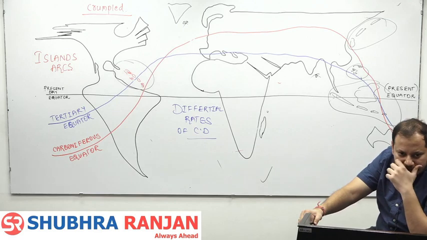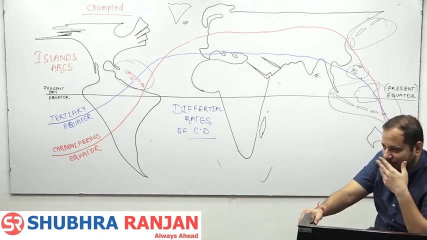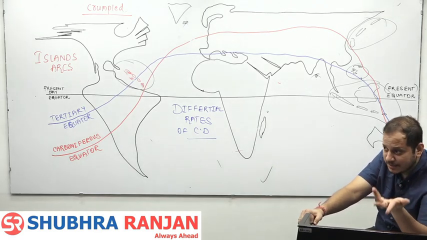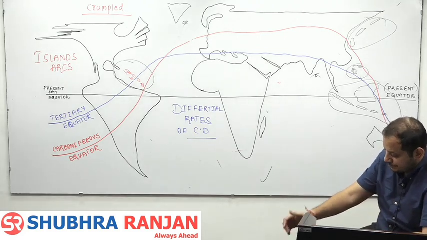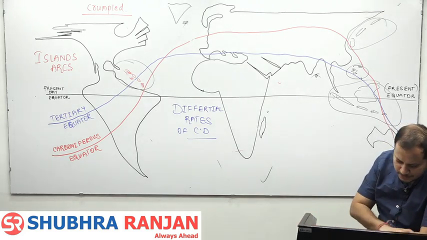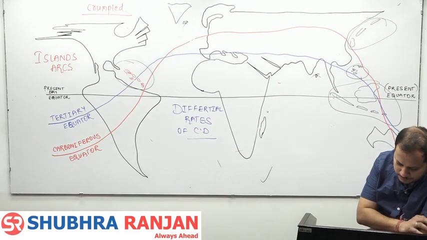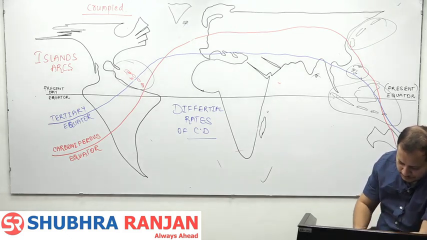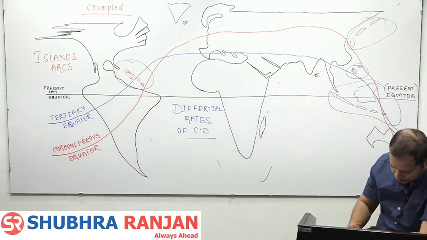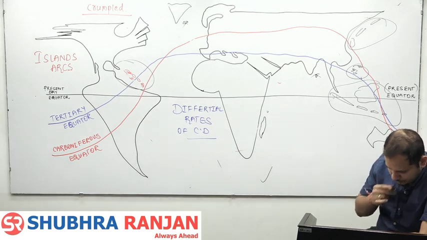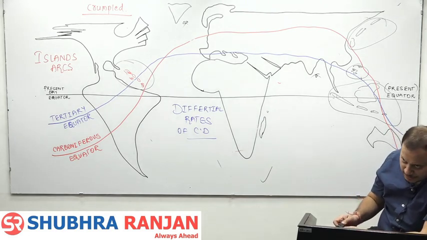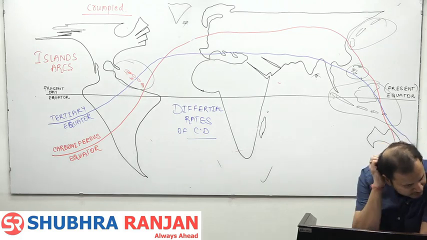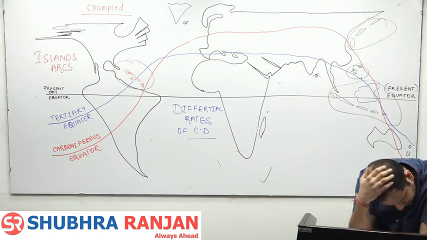When does this theory start? Carboniferous period. That is the biggest criticism. Wegener could not explain why drifting started only in the Carboniferous period.